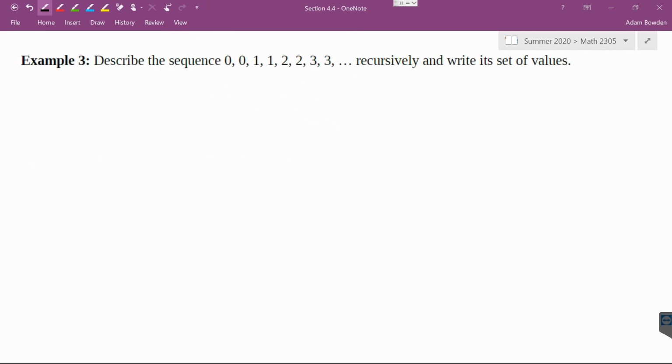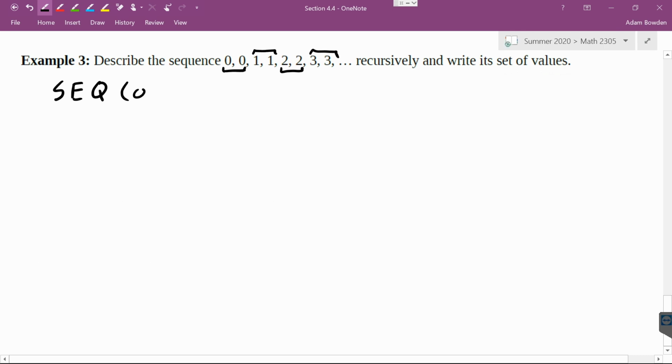Now in this example here, it says to describe the sequence and write recursively its set of values. Okay, so let's start out with some of the values we have here. It looks like it goes 0, 0, and then it jumps to 1, 1, 2, 2, 3, 3, and it just keeps going back and forth.